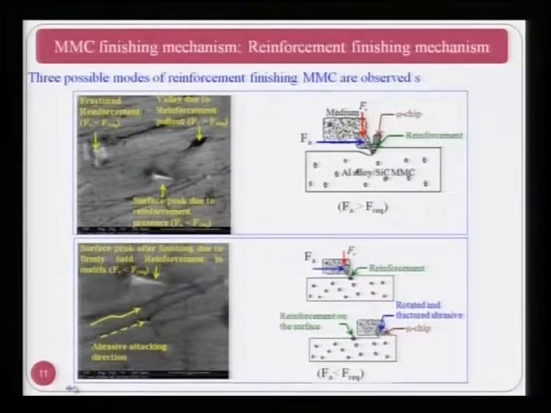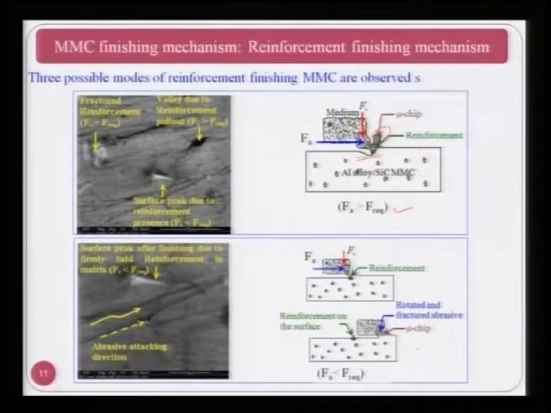There are three possible modes of reinforcement finishing in metal matrix composites observed during the finishing operation, and they are shown here with the help of schematic diagrams. Here Fa is greater than the required force, and you can see clearly that material is being removed in the form of a microchip. The same Fr and Fa forces are acting, and the reinforcement is also taken out.